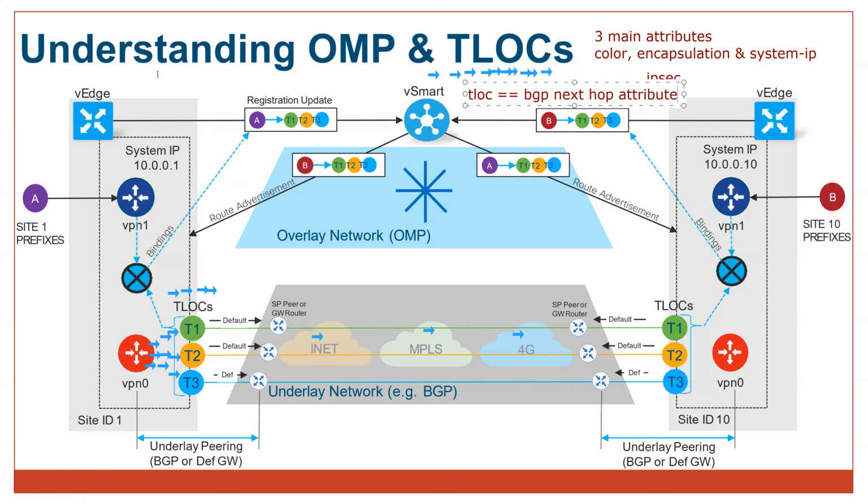So when I'm telling you VPN 0, this is nothing but global. Actually, this is nothing but the front door VRF. If you know DMVPN and all, this is nothing but one type of VRF. VPN 1 is nothing but one type of VRF. This is not something that is actually very new. This is something that the Cisco engineers formed their own company, called Viptela. So these engineers, they worked at Cisco for 10, 15, 20 years.